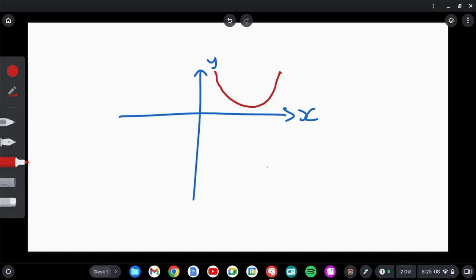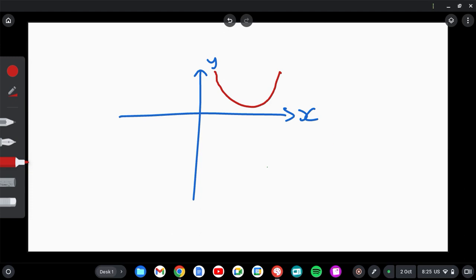So that is basically what the textbook is trying to tell us. It means that the curve does not touch the x-axis at all. This is a very common question that they will ask in the exam.